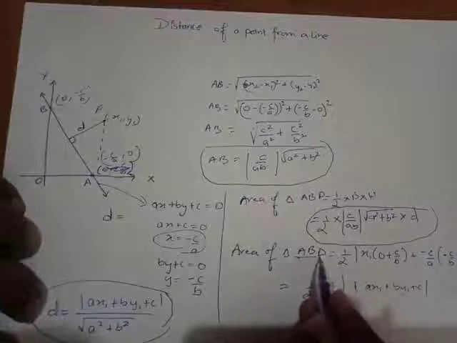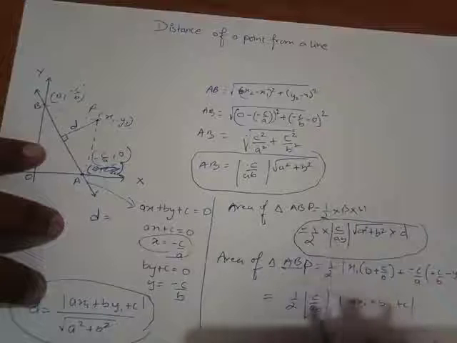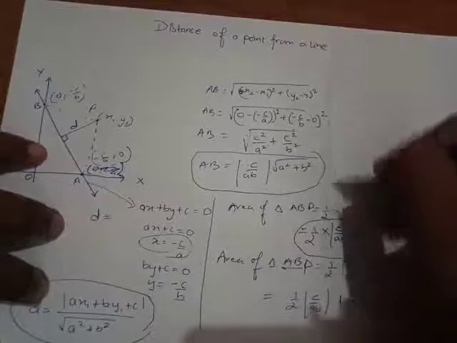So this is also the area of ABP, and this is also the area of ABP. So if both of them are the area of ABP, I'm going to put both of them equal.